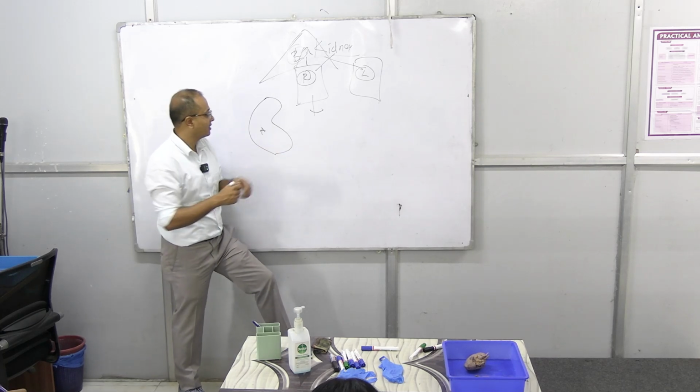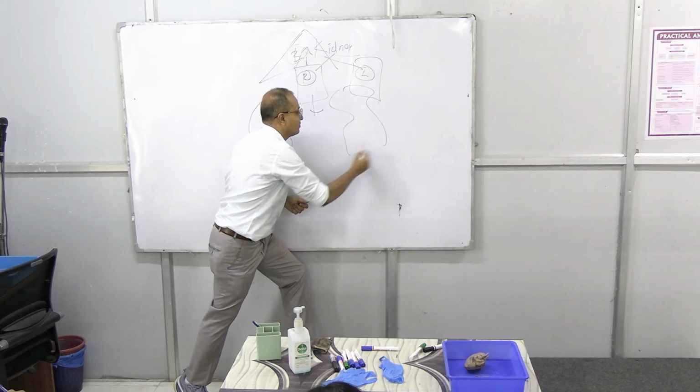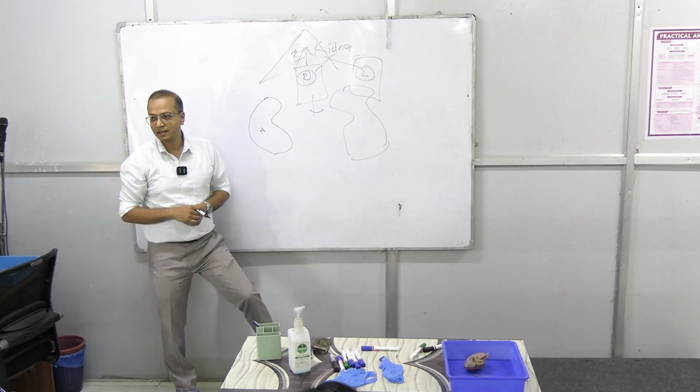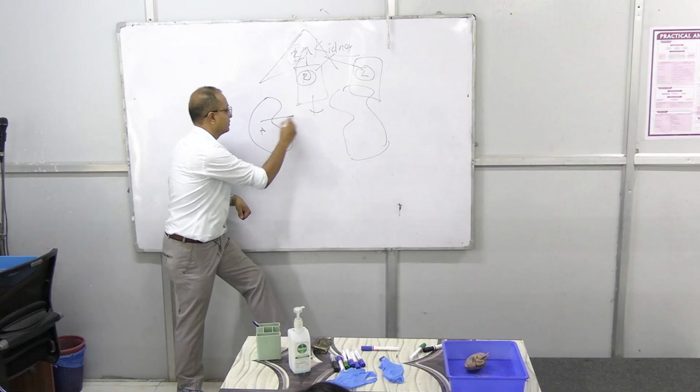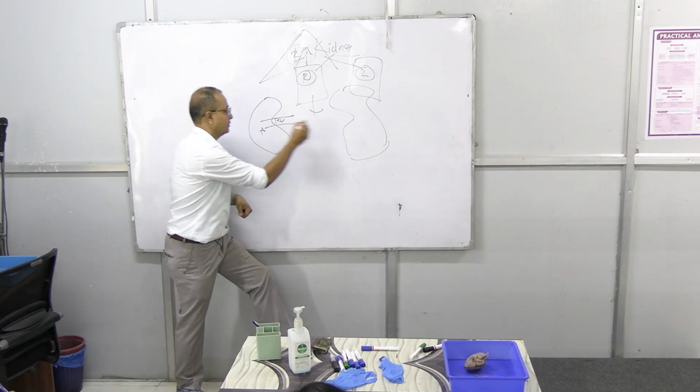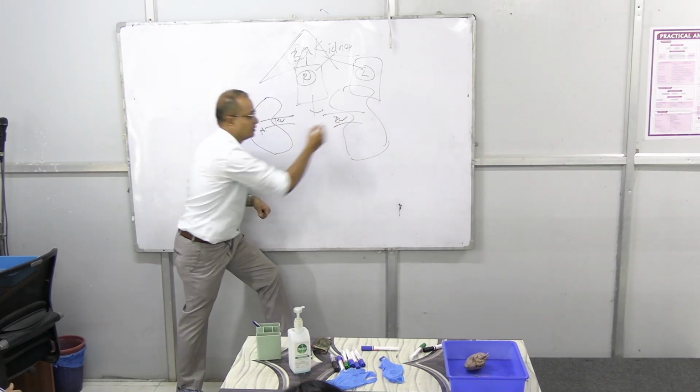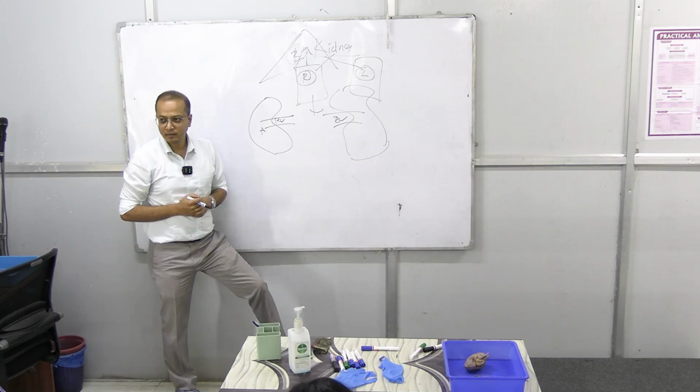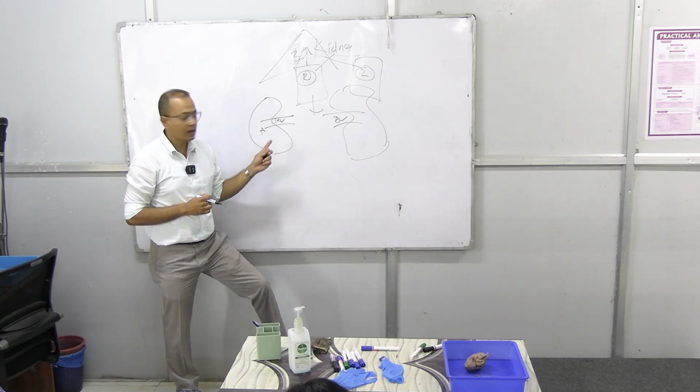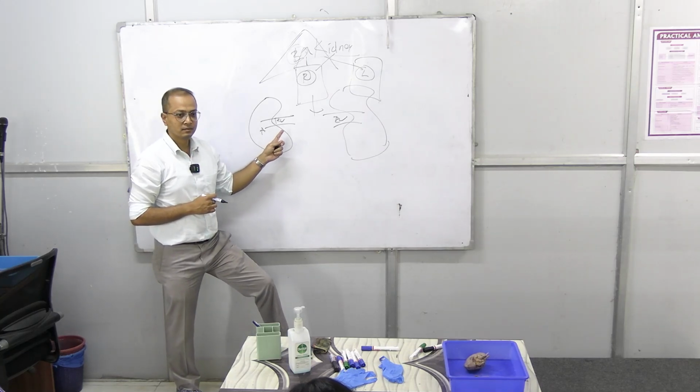So how many kidneys are there? You mentioned right and left, right? So how many renal veins are there? Two renal veins. So where do they drain? Right vein, right inferior vena cava.